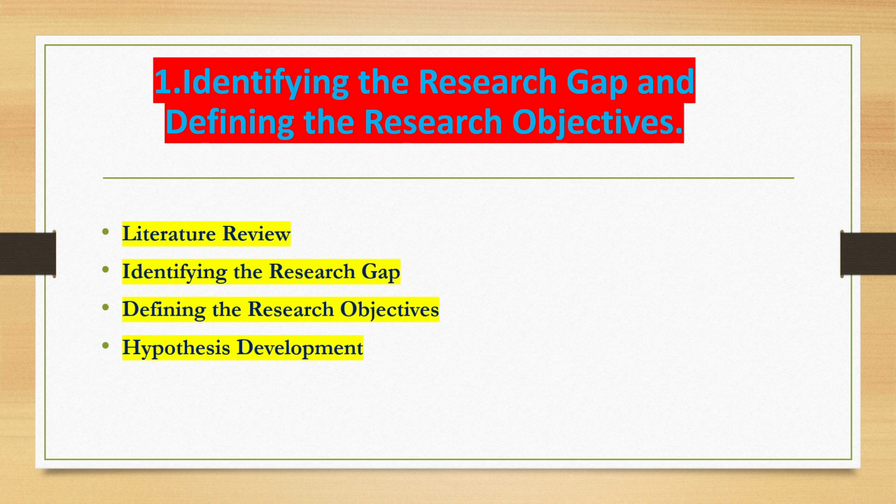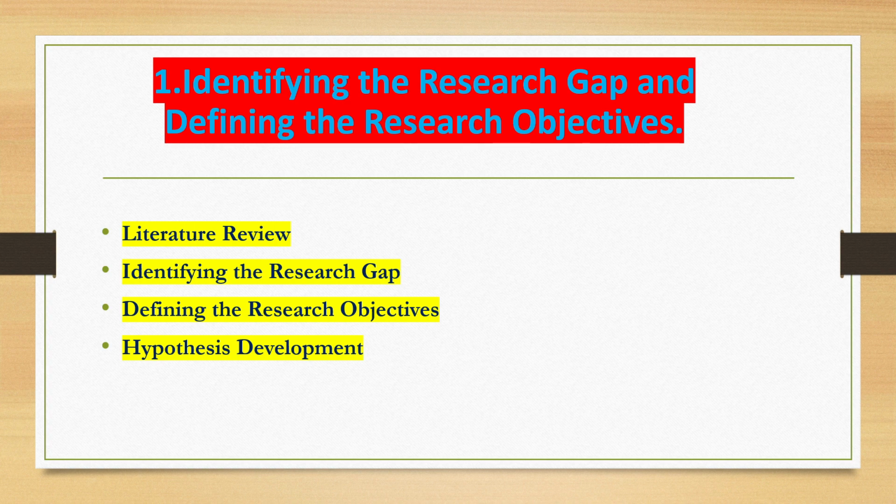Under that, we study different research papers, different books, magazines, journals, and other information which are available on any particular topic or any particular domain we are going to undertake that research on. To get that in-depth idea and the research gap, we particularly follow this literature review step.